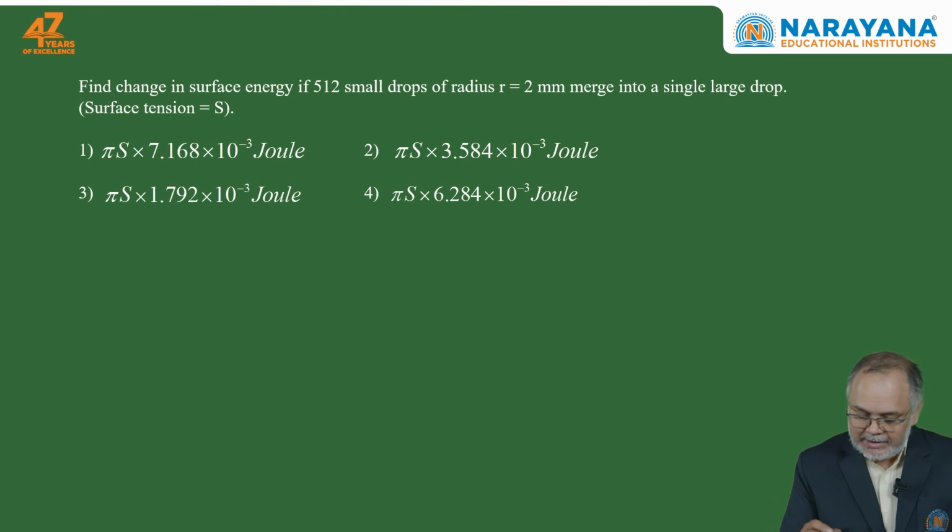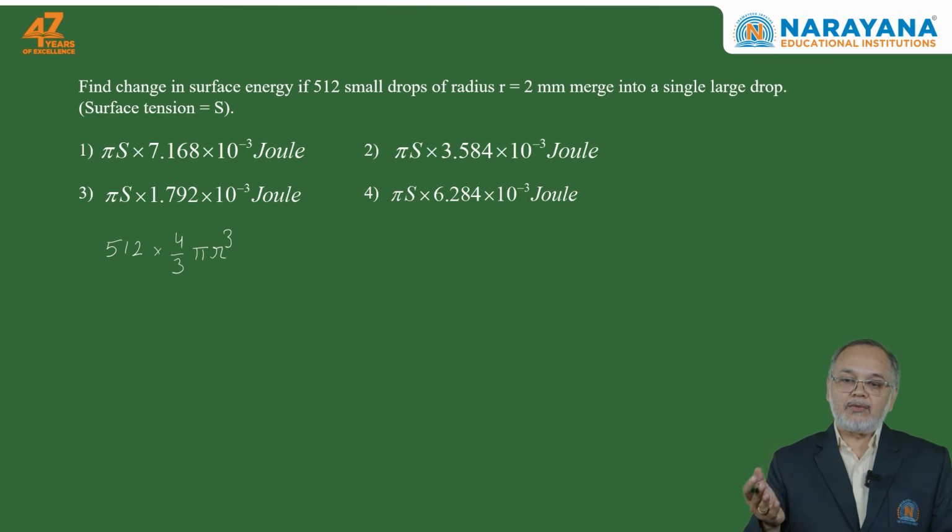So we can write initial volume, that is 512 into 4 by 3 pi small r cube. So this is the initial total volume.